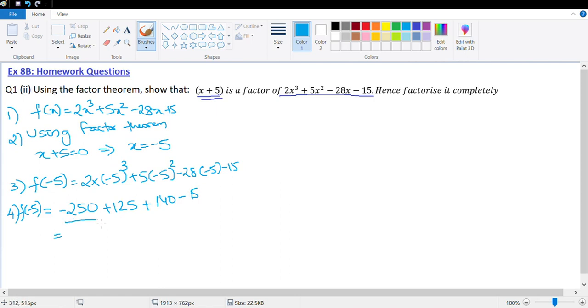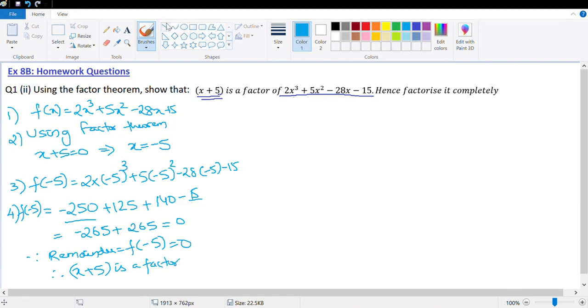Let's add, this is negative 250 and negative 15, that's negative 265, and this is also 265. This is 0. Since remainder is equal to f of negative 5 is equal to 0, therefore x plus 5 is a factor.